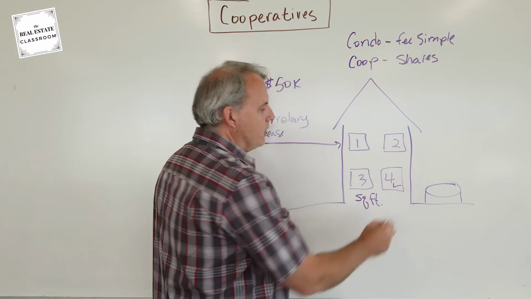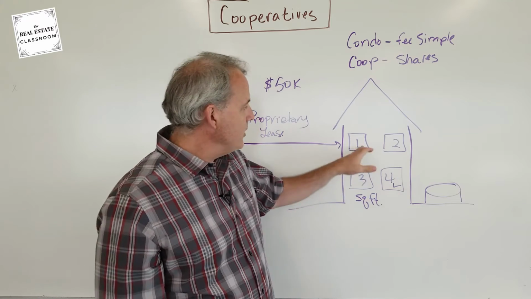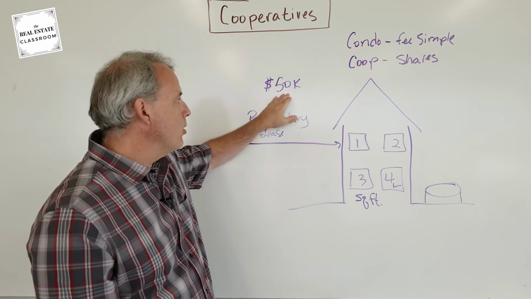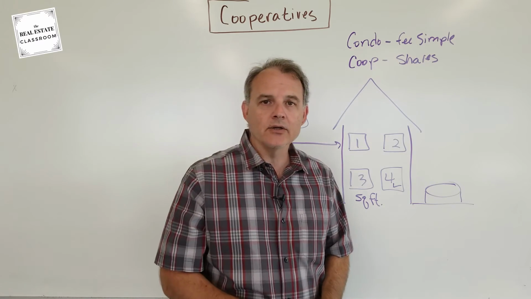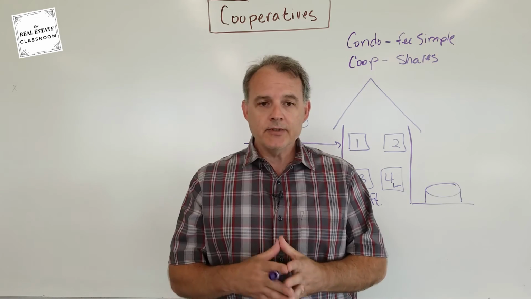So if unit 4 has a higher amount of square footage than unit 1, then that shareholder is going to pay a larger portion of that $50,000. Very similar to how they operate in condominium regimes.